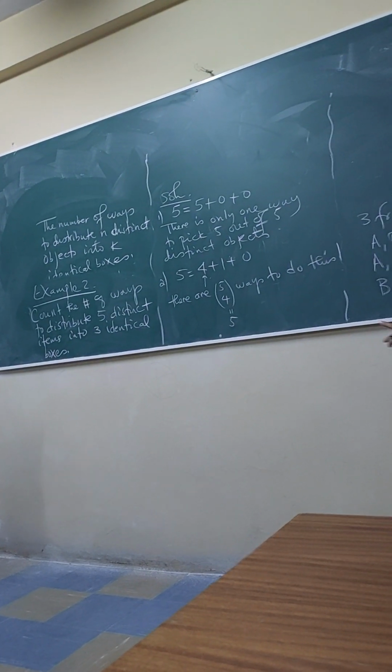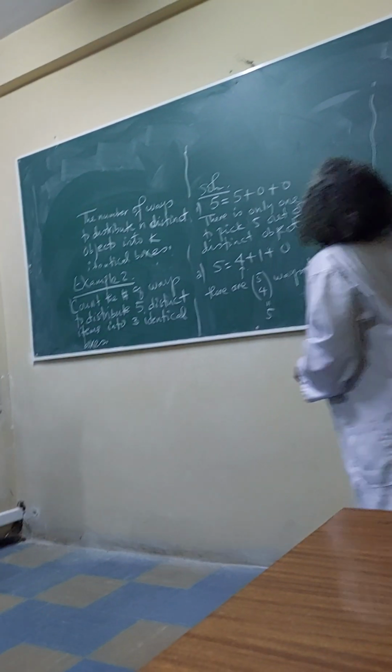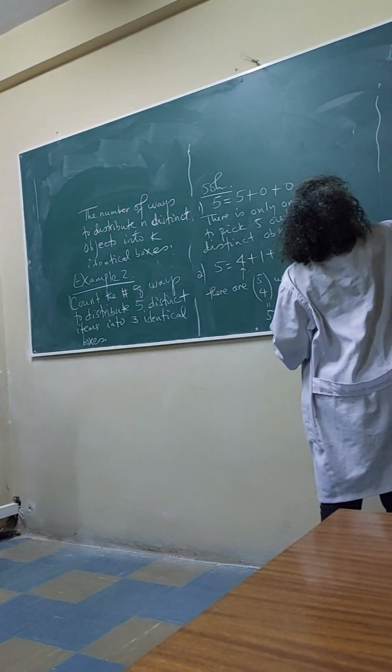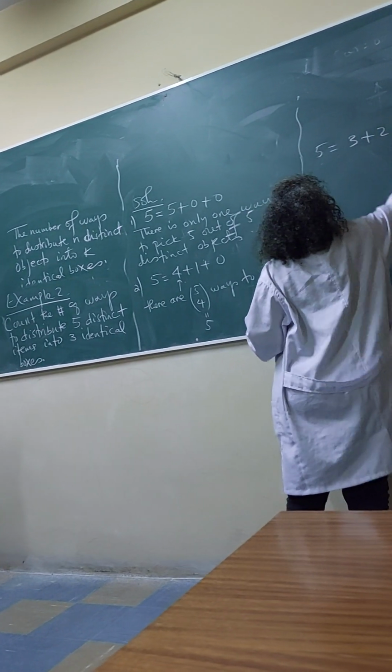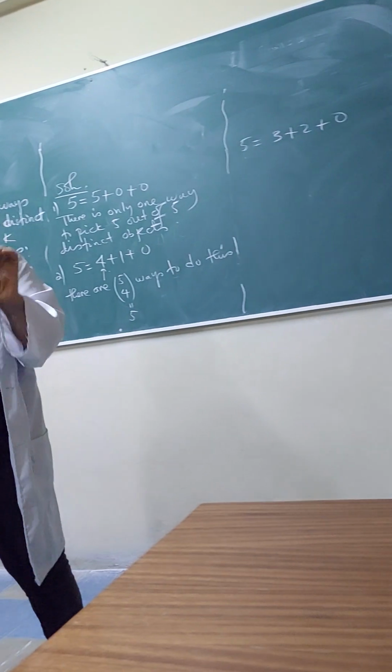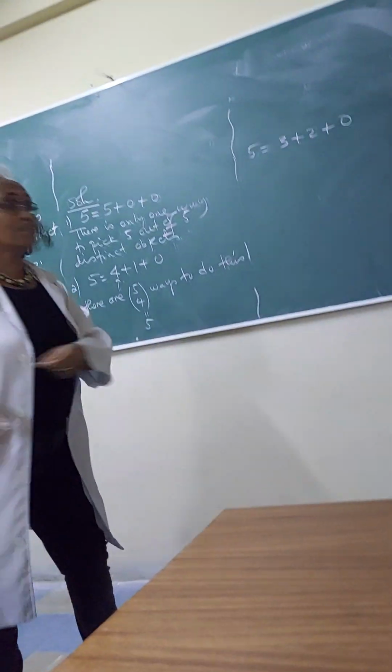Now, let's see the third one. There's another way, obviously there are other ways to do so. It could also be 3 plus 2 plus 0. It means putting 3 items in one box, and the remaining 2 items in the other.